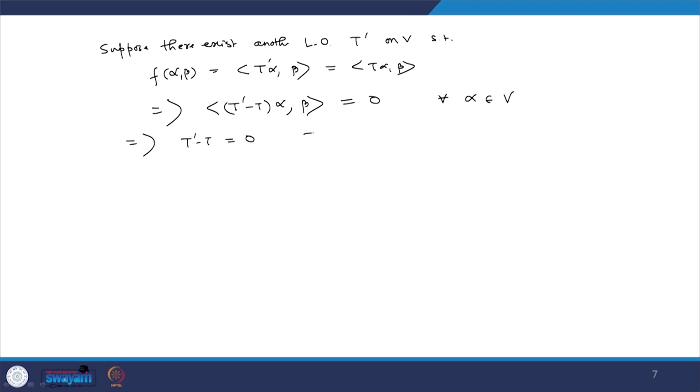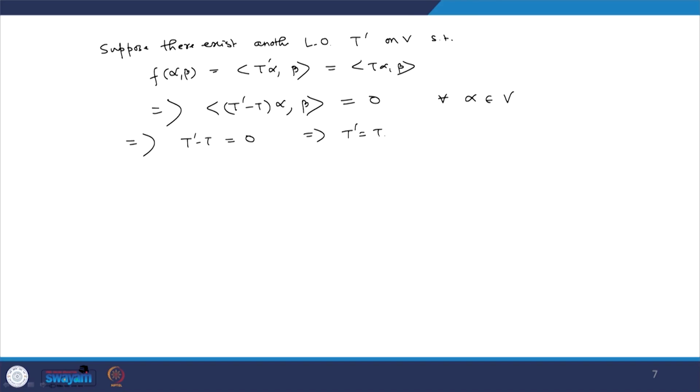So, T prime equals T. So, we have shown there exists a unique linear operator T associated to the form f such that f of alpha, beta equals the inner product of T alpha and beta.